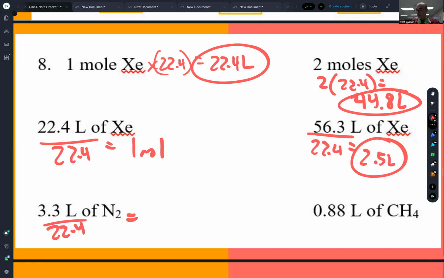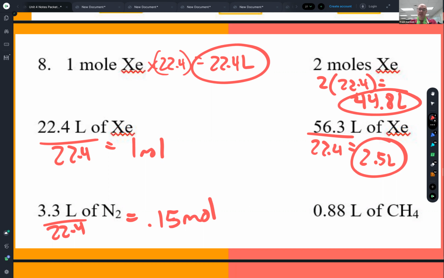It doesn't matter what the material is. I don't need the periodic table for these gas conversions because they're going to be converted into moles or liters, not anything to do with their gram weight.